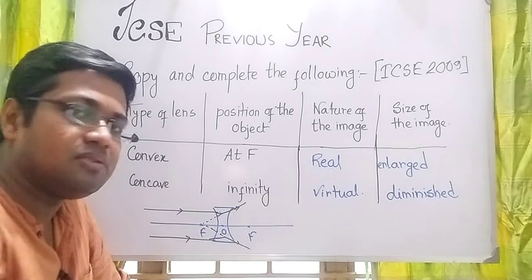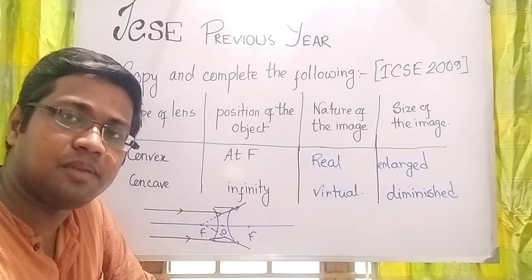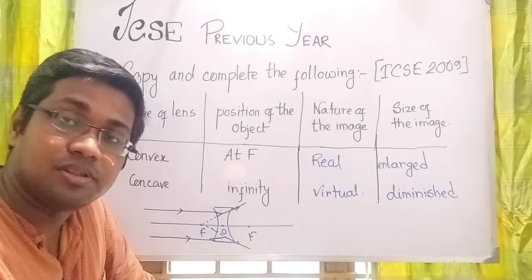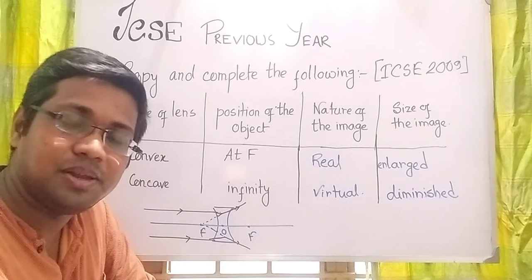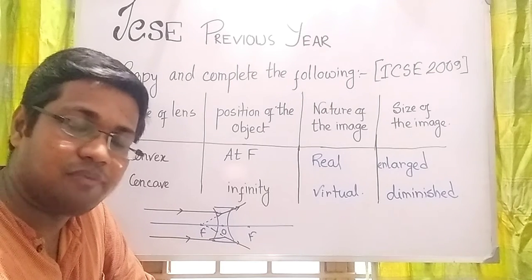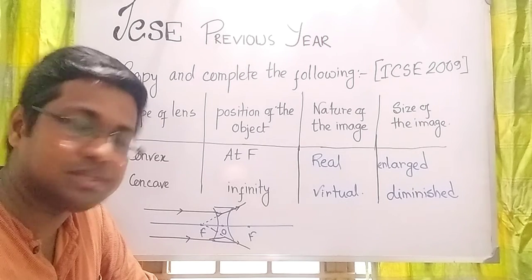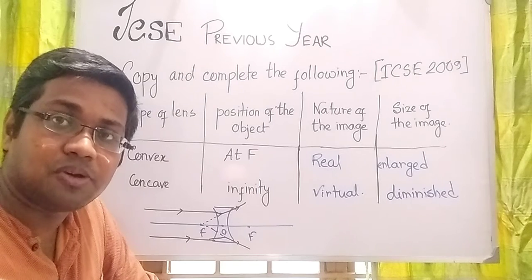So just to fill up the vacant portions of the table, we have to know the deep rooted concept, and we have to know all the ray diagrams very well. We have to know the definition of magnification, the applications of it, and after that we have to apply common sense also.